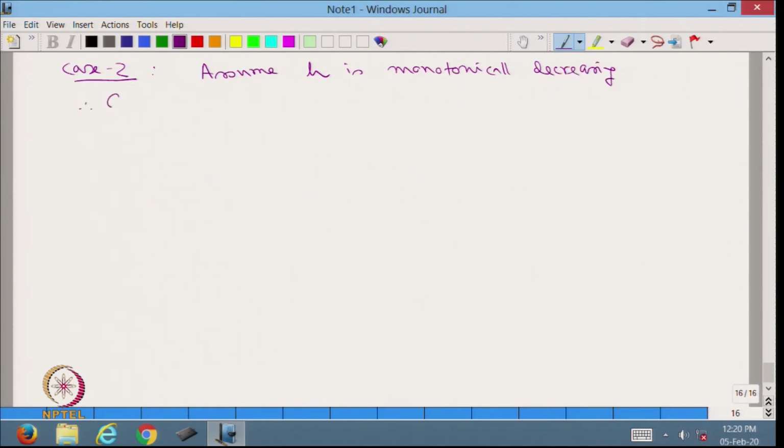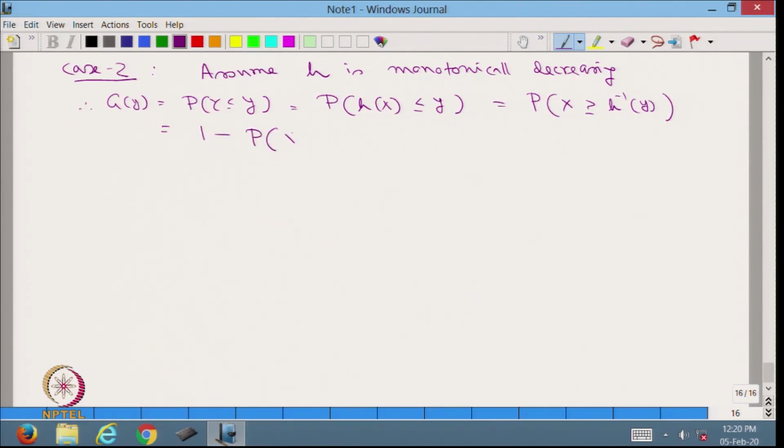Therefore, g of y is equal to probability Y less than or equal to y, which is equal to probability h of X less than or equal to y, which is equal to probability X greater than or equal to h inverse y, which is equal to 1 minus probability X less than h inverse y.